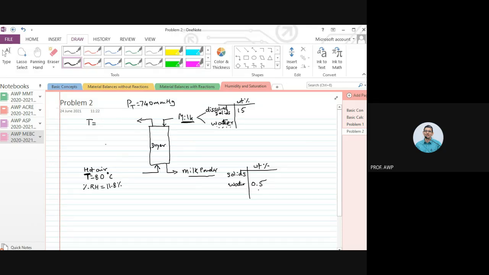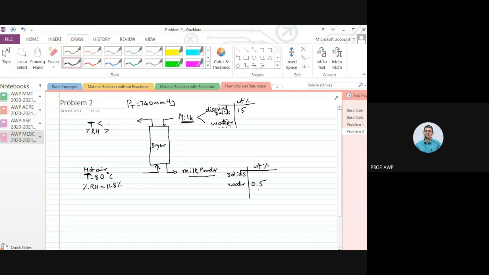And what can we say about the relative humidity of that air? We can assume it will increase. It will increase, right? So relative humidity will obviously be more than 11.8%, and temperature will be less than 80 degrees centigrade.